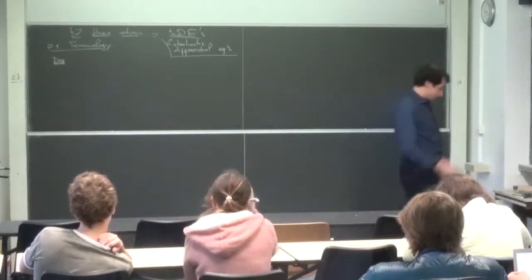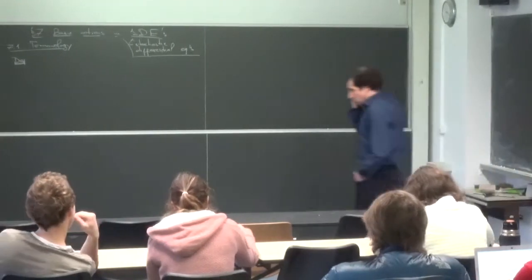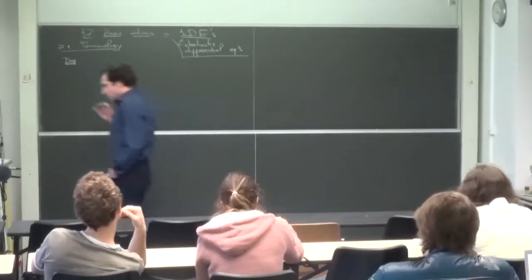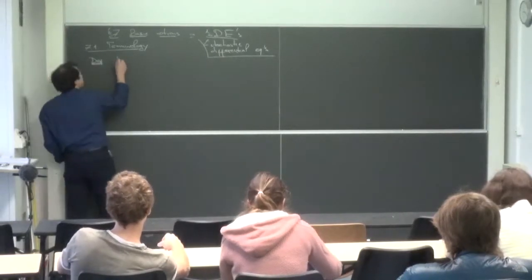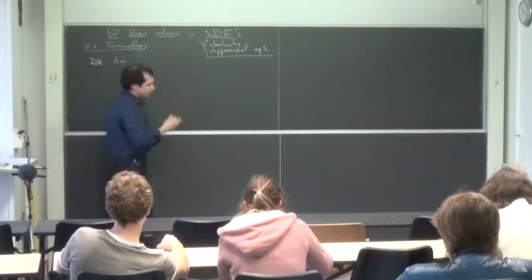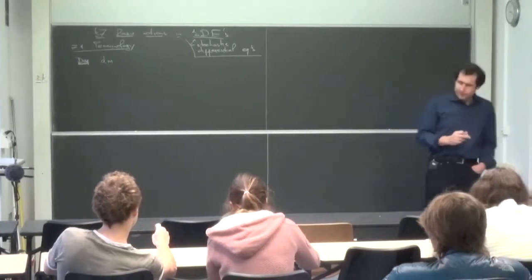So what is a stochastic differential equation? Assume we have, it's rather long definition, well, assume we have, and it's going to be not a single equation, but a system of equations, or just a single equation in a matrix form.